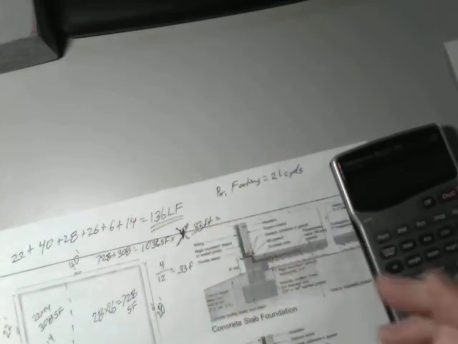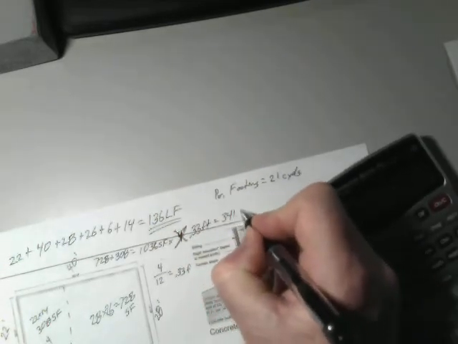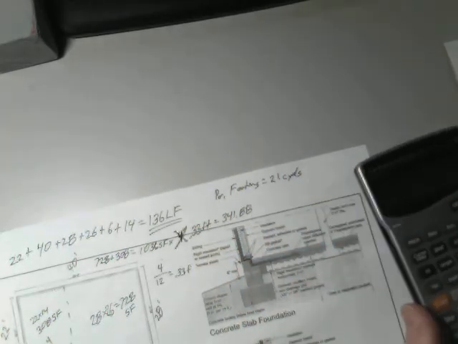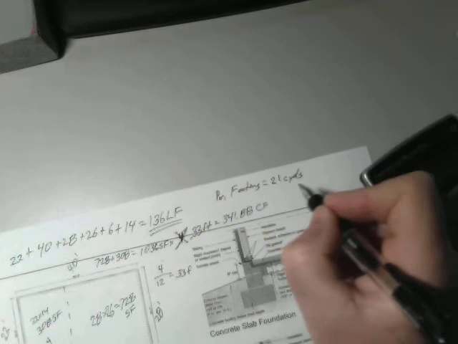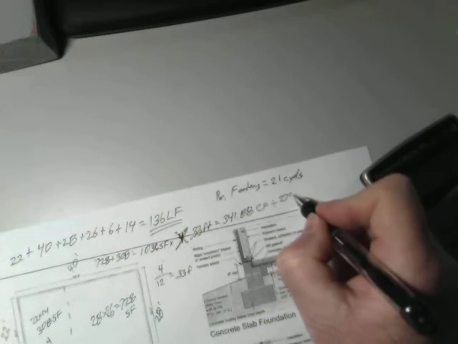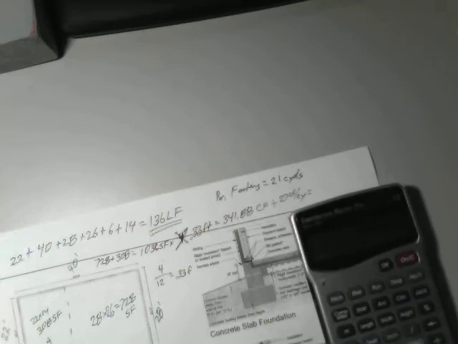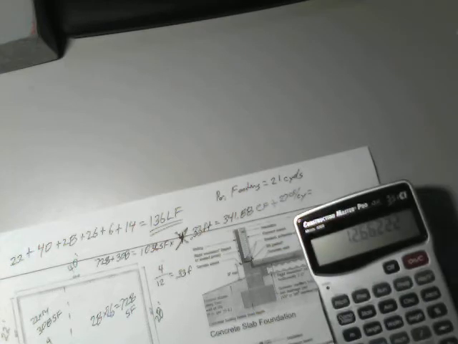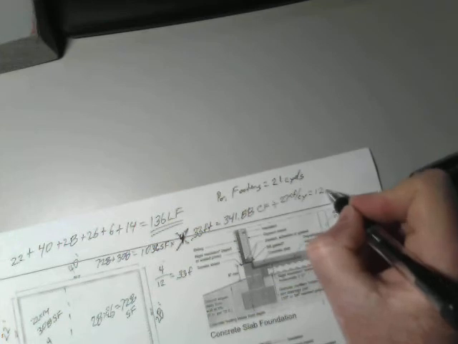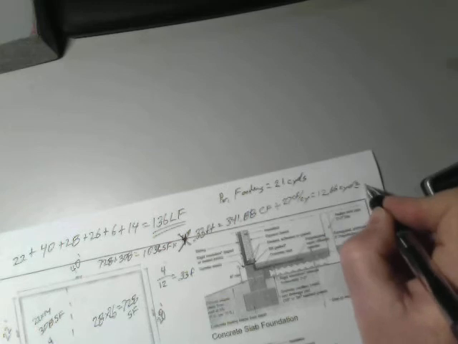Square feet times feet is going to give me 341.88 cubic feet. But again, we don't buy concrete in cubic feet, we buy it in cubic yards. I'm going to divide by 27 cubic feet per cubic yard, which equals 12.66 cubic yards. We're going to say it's approximately 13.